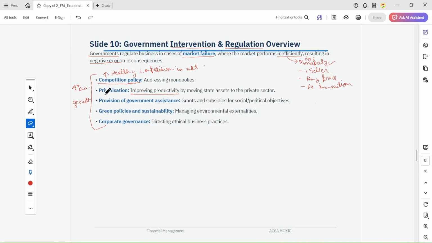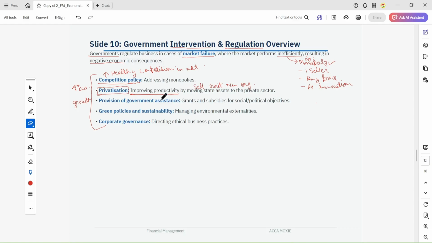Government sells the government-run organization, and it will now become a private company. If the government-run organization becomes a private company, then this will improve the productivity.